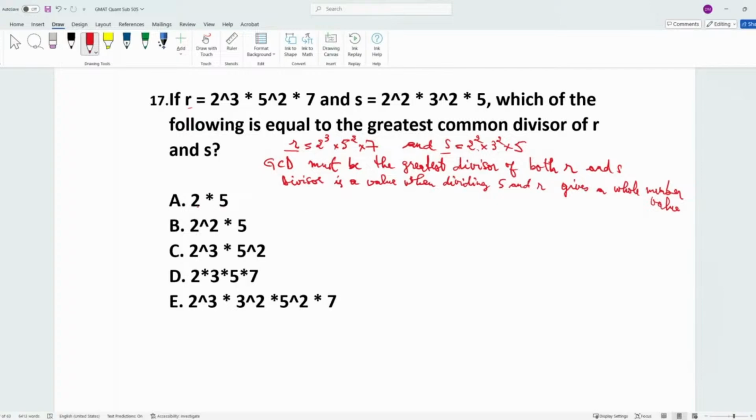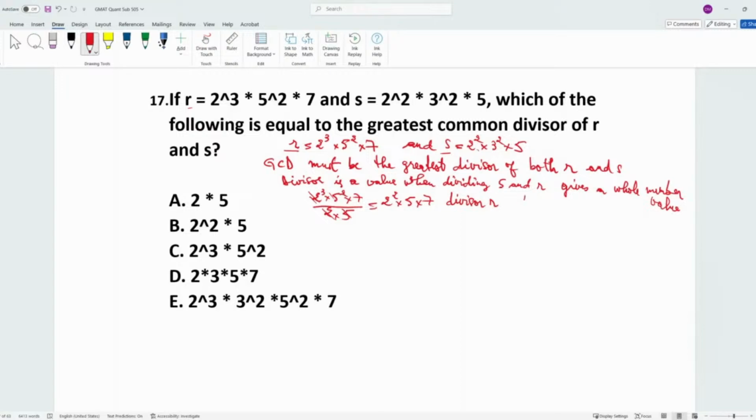Okay, so like 2 times 5 here, is it a divider of R, for example? If we say 2 to the power 3 times 5 to the power 2, divided by 2 times 5, yes, this is equal to 2 to the power 2 times 5 times 7. So it is a divider of R, but is it a divisor of S?